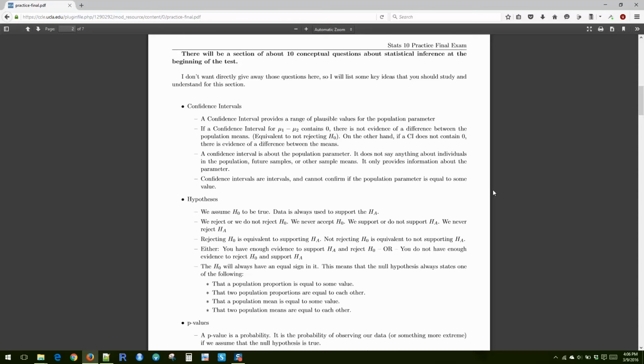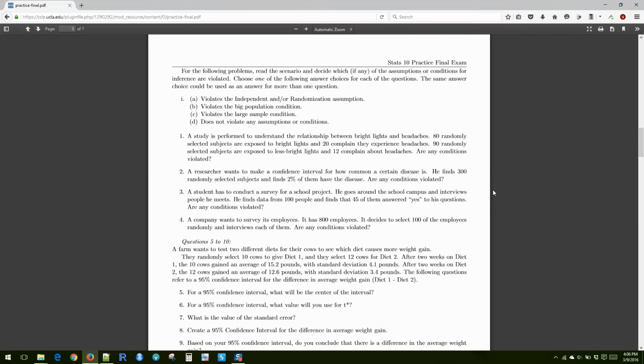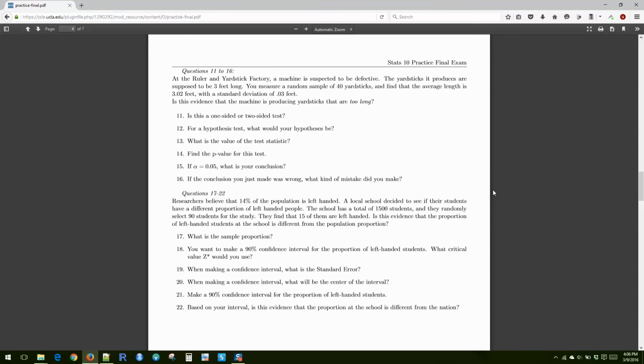So as far as today's lecture goes, we'll cover these conceptual topics. Maybe I'll give you a few practice problems. And as far as the other questions go, I think the practice final is fairly well representative of what the actual final will look like in terms of the computational questions.